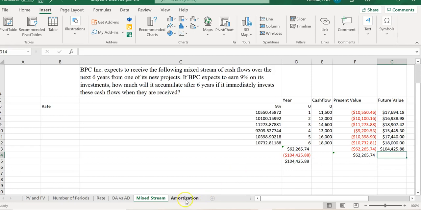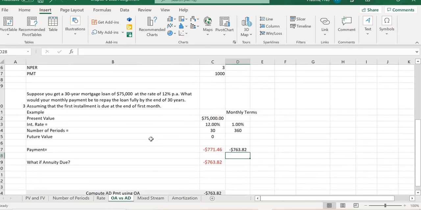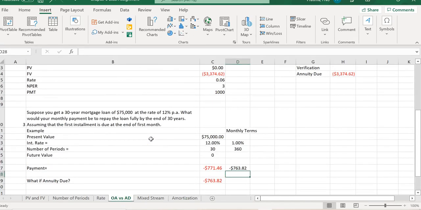Now let's talk about the last tab, which is the amortization tab. What does this problem say basically? It is exactly the same problem that we did earlier when we were talking about ordinary annuity and annuity due.